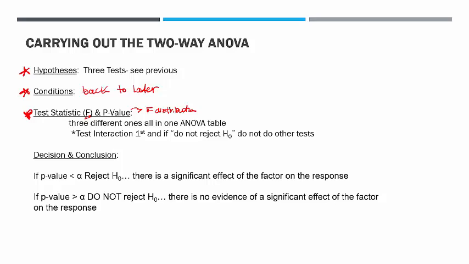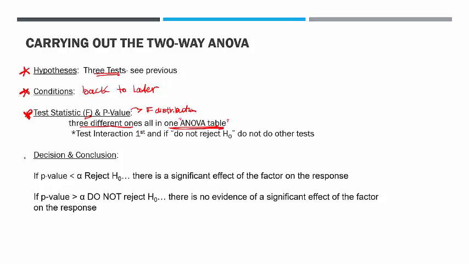So there's three different tests, so there are three different test statistics and three different p-values. But when you carry out an ANOVA analysis with statistical technology, it's all going to come out in one ANOVA table, right? Remember, a two-way ANOVA table is going to just have more stuff in it. Remember to always look at the interaction test first, and if we do not reject, then we can look at the results for the other tests.